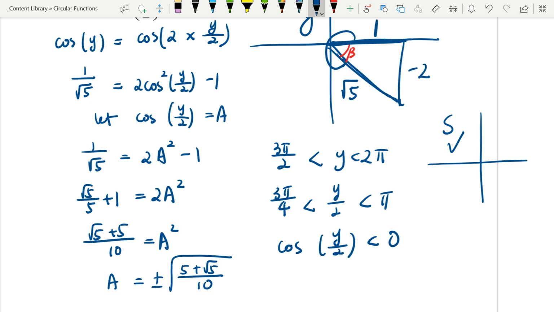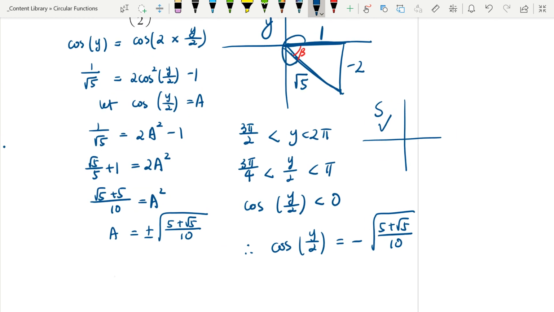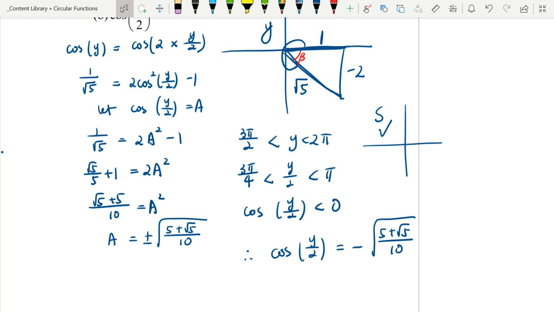So this is divided by 2, and that is divided by 2, so times a half on everything. So cosine of y over 2 equals negative root of (5 plus root 5) over 10. Well, it's not nice, but that's what you can get.